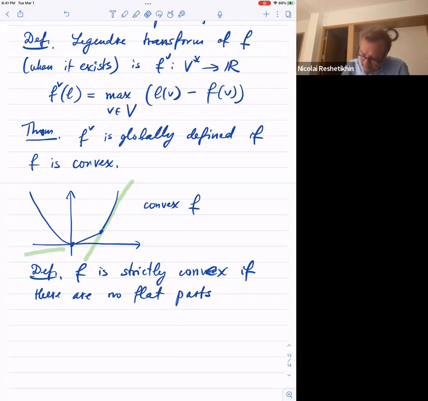Well, in this case, for any straight line, yeah. So like here you have two tangent lines. The function is on one side of this tangent line.